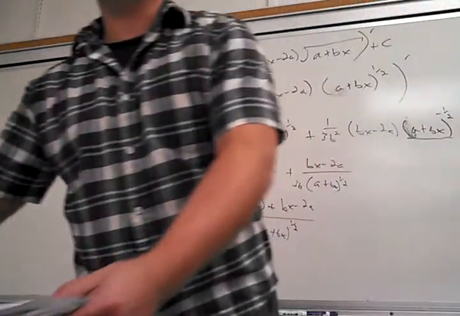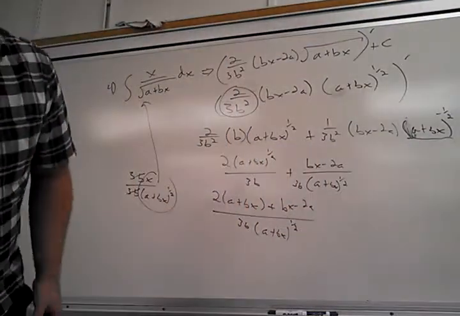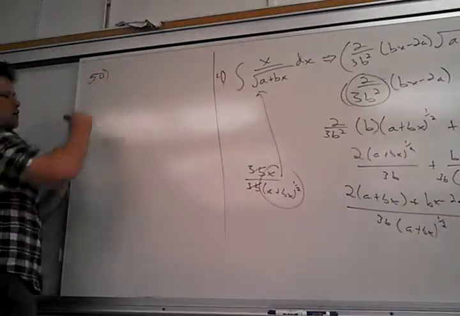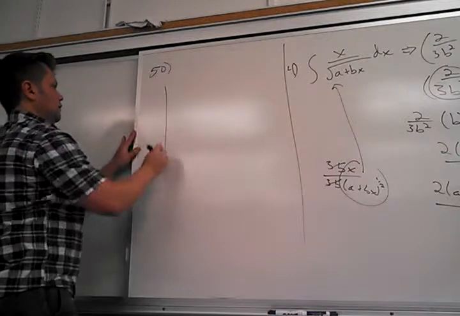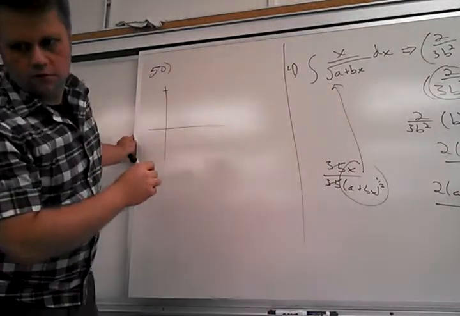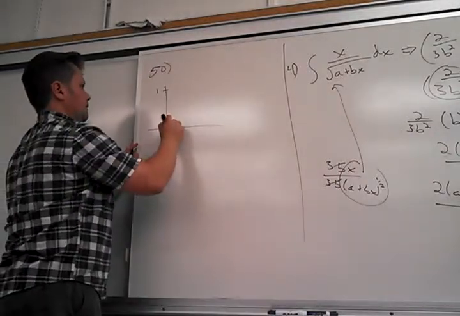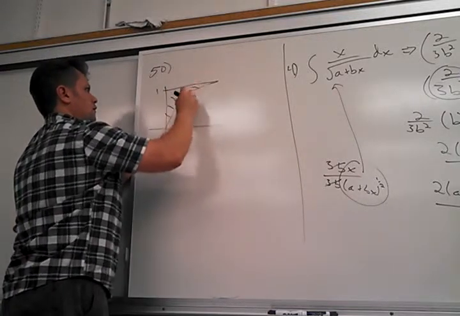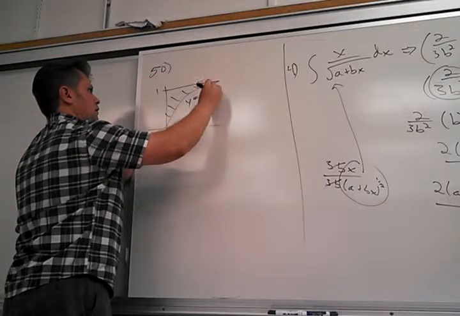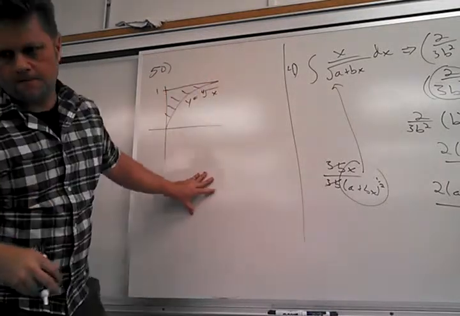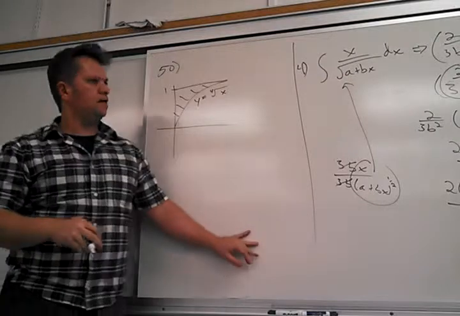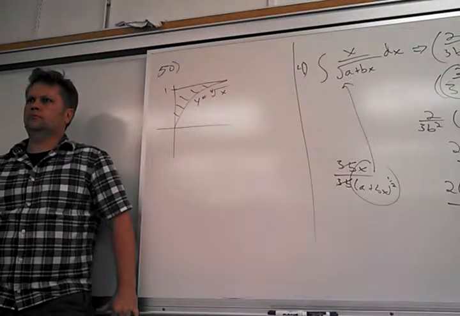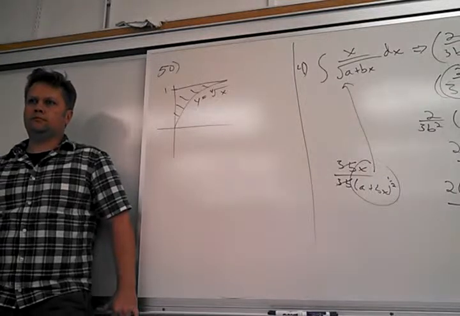This actually leads into the next section we're going to do. So number 50 gives you this thing. X and Y axes, completely arbitrary. Agree or not?